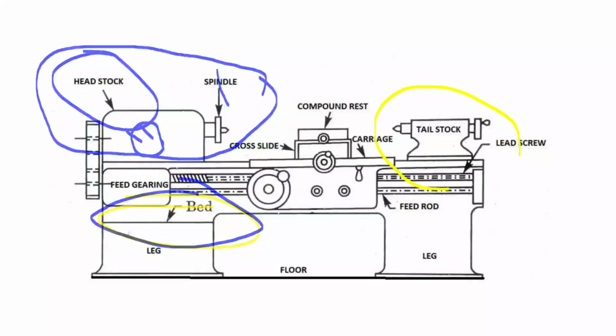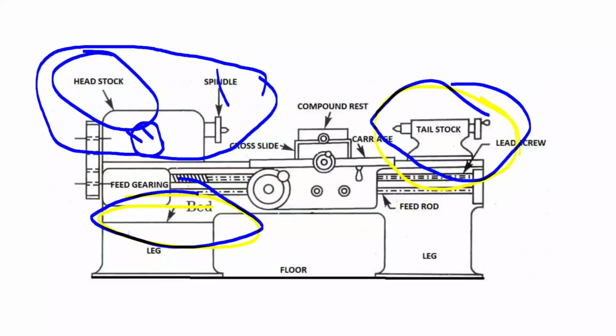So this is your tailstock, opposite to the headstock, as I described in the earlier part also. Tailstock is also known as loose headstock or puppet head. There are two names of tailstock: loose headstock, and the second is puppet head.